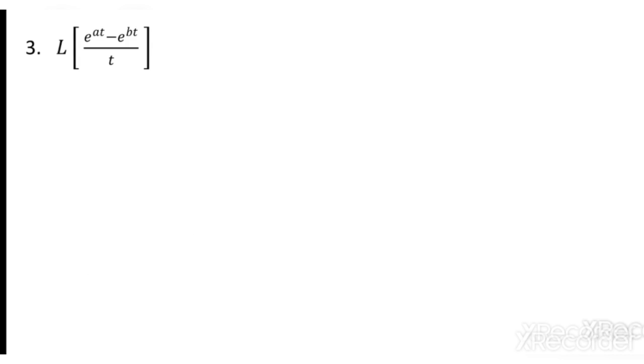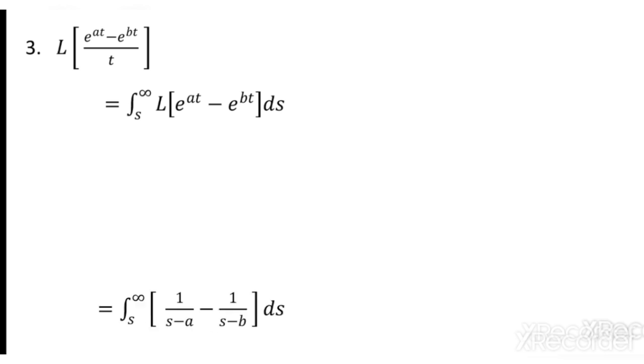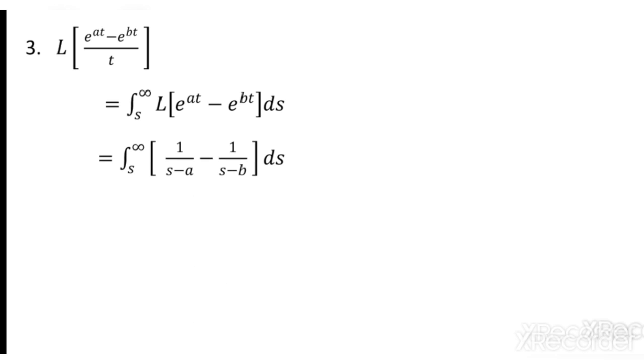Let's take one last problem. I take e power a t minus e power b t by t, with the same technique: integrate. After getting the Laplace transform of the numerator, the result is 1 over s minus a minus 1 over s minus b. Integrate this with respect to s between the limit s to infinity.